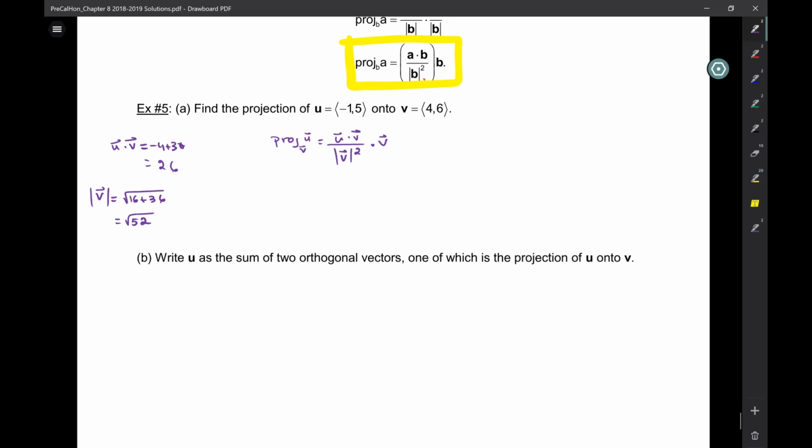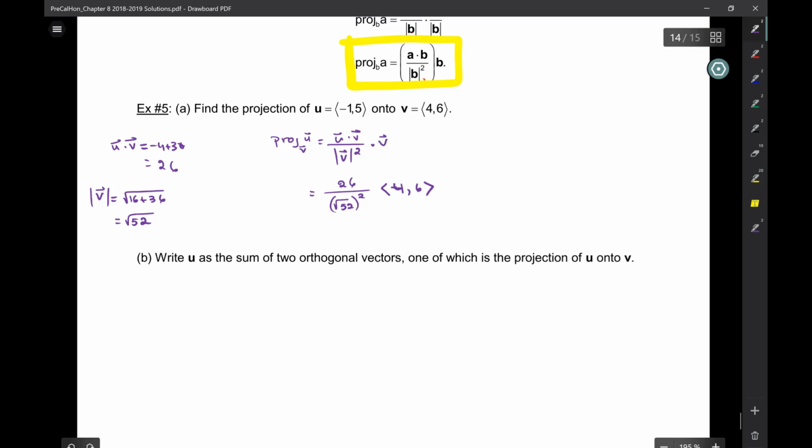Okay? All right, so let's see what we're going to get here. U dot V is 26 over root 52 squared times the full-blown vector B, because I need a vector. I really need a vector.